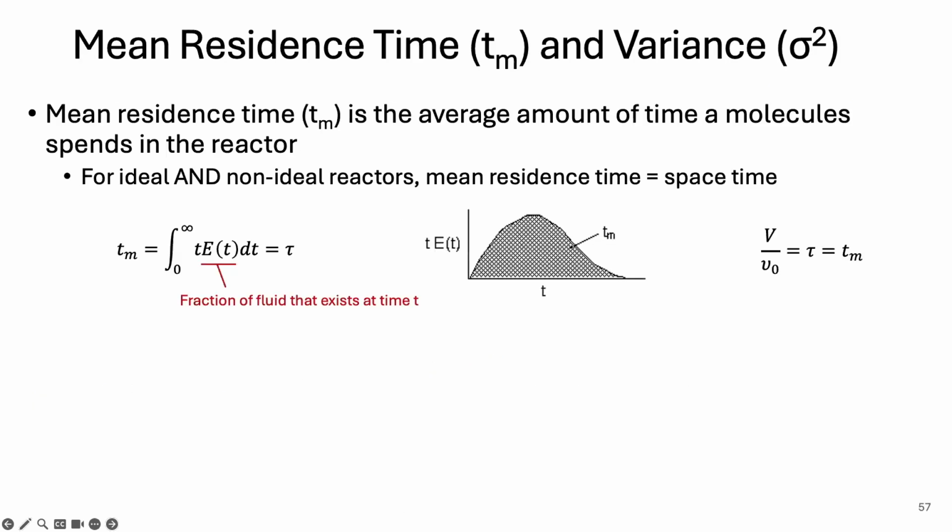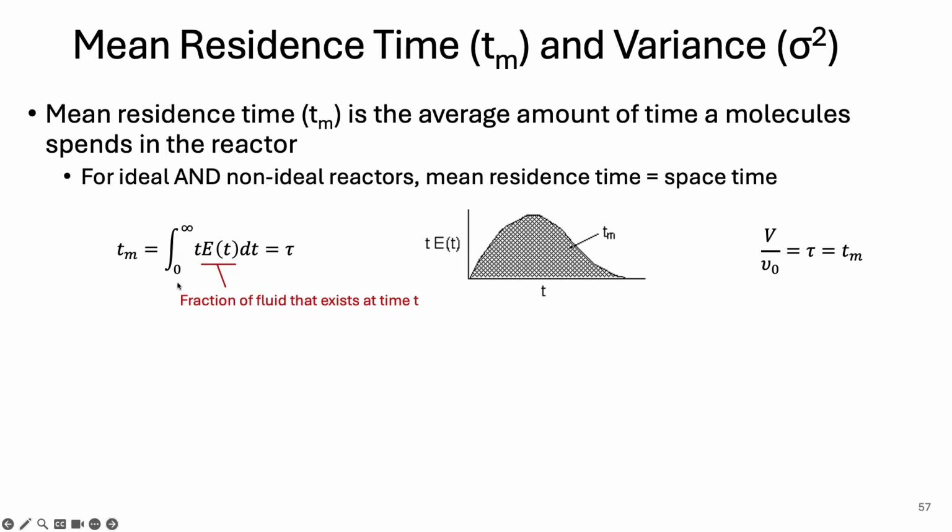Important for our analysis is also to calculate the mean residence time, T sub m, and the variance, sigma squared. The mean residence time is the average amount of time that molecules spend in the reactor. If we have ideal and non-ideal reactors, the mean residence time should be equal to the space-time.